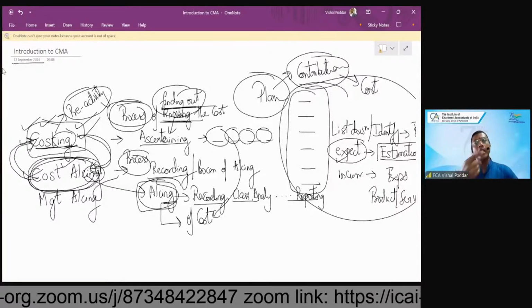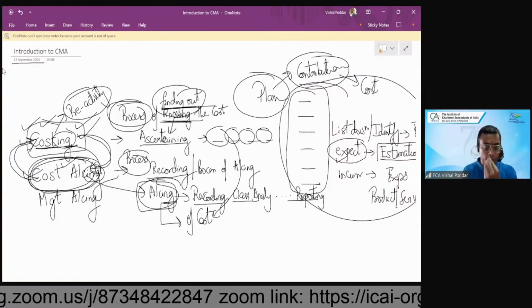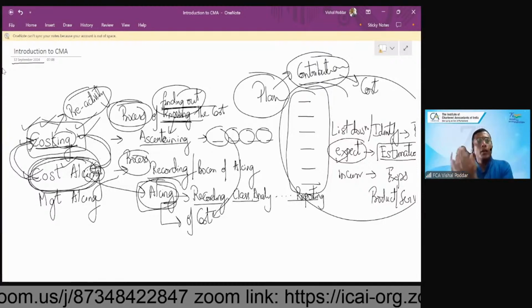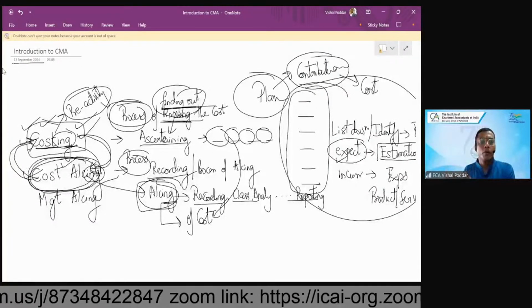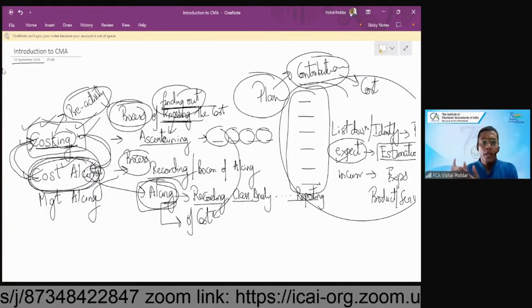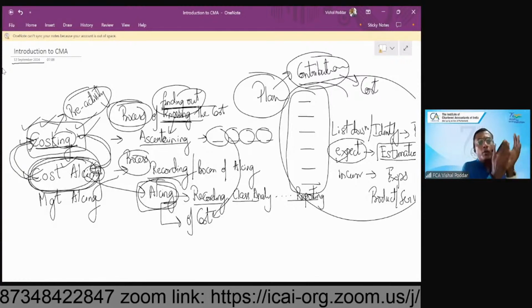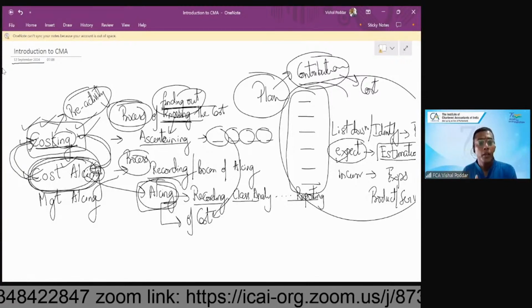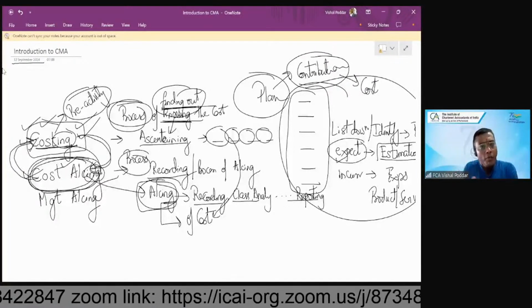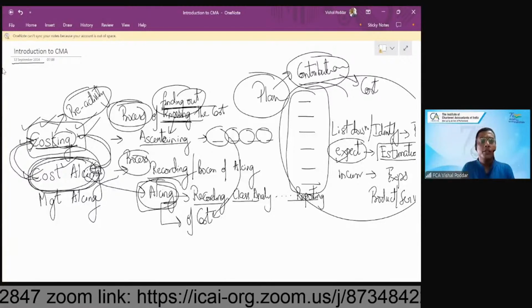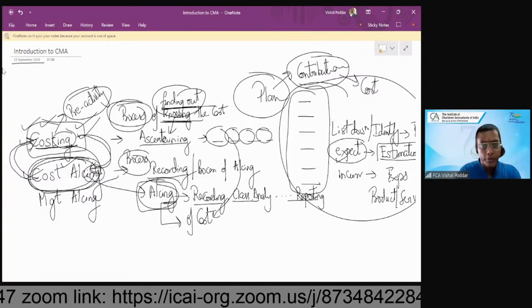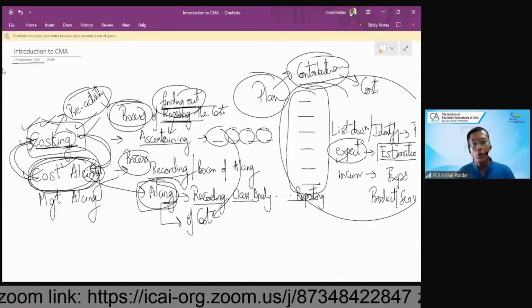So that is how it is a cyclical and interlinked process. First I do costing, then after the year starts, I start recording, reporting, etc. So it becomes cost accounting. Again, when the next year starts, for doing costing for the next year, the data which I require as my basis will be taken from cost accounting. So it is an interlinked and cyclical process. I hope this all is clear.